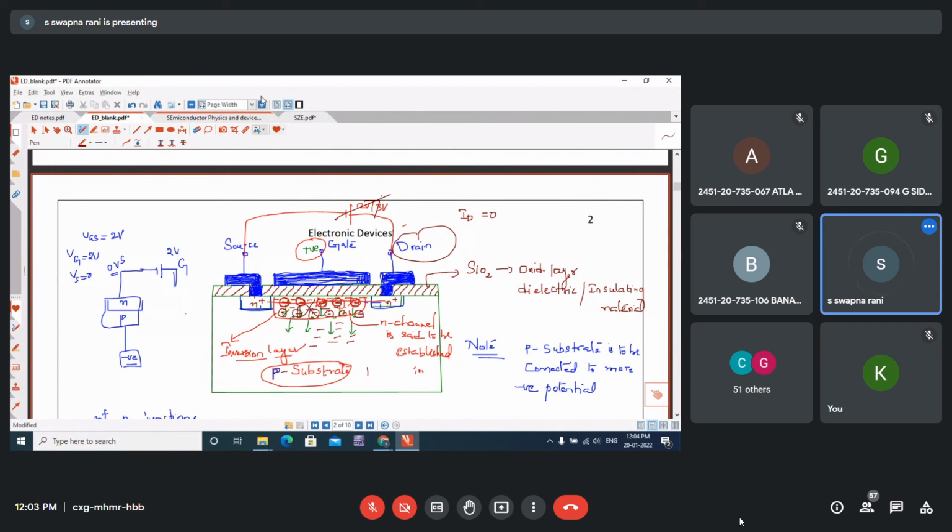As gate potential is increased, more and more negative charge carriers are induced into the channel. These induced electrons come from the substrate, and they get attracted towards the drain, which is given positive potential. Like that, the charge carriers move from source to drain.